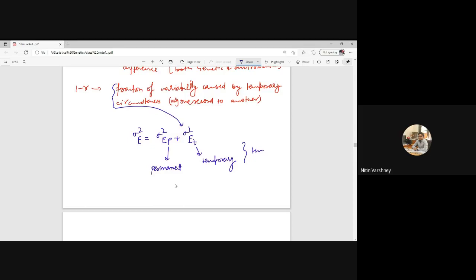Due to this change, if there is change in our repeated records, that will be the fraction of variability that is caused by temporary circumstances. Just like Thar or some area which is facing adverse effect, and suddenly the rainfall comes there, that will be temporary circumstances to that particular area. So this type of environmental effect is temporary.